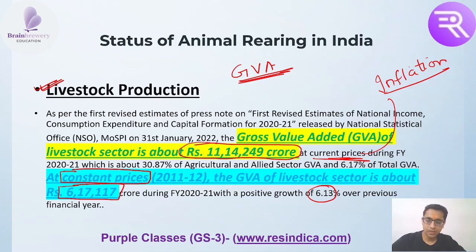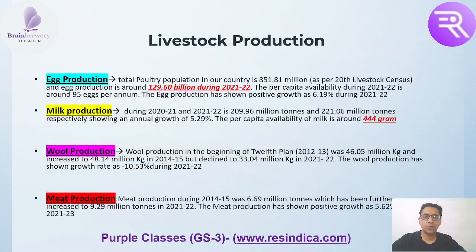Now, livestock production: how much production and how much per head in grams you are getting. This is the data. You should remember this. You can quote it anywhere, if somebody asks you in a debate competition, in a discussion, or in your interview preparations.